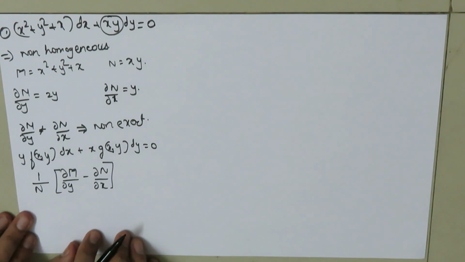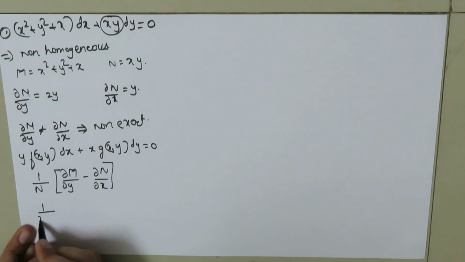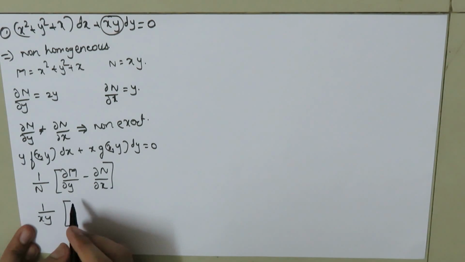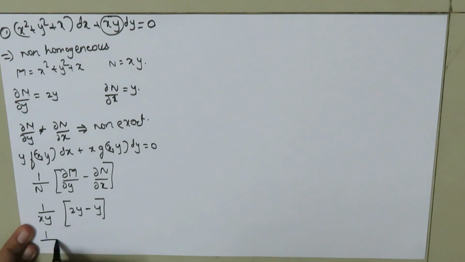We are going to find this out. So 1/N is 1/(xy), and inside the bracket, 2y minus y. So this is 1/(xy) times y. This y will get cancelled, and we have 1/x, which is a function of x.